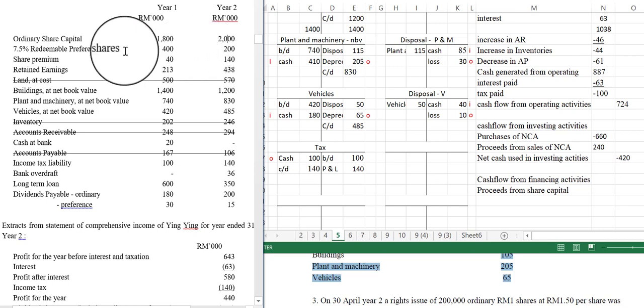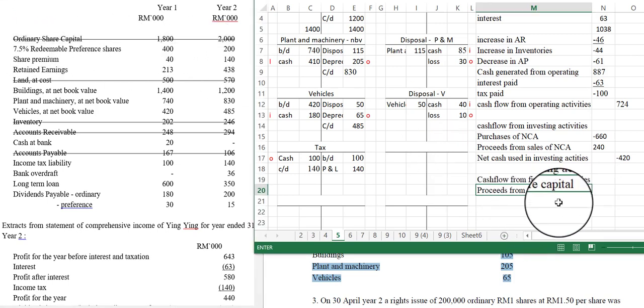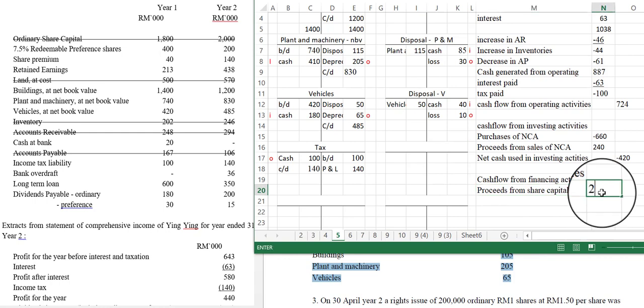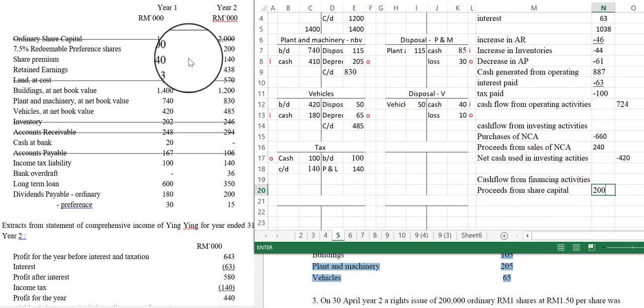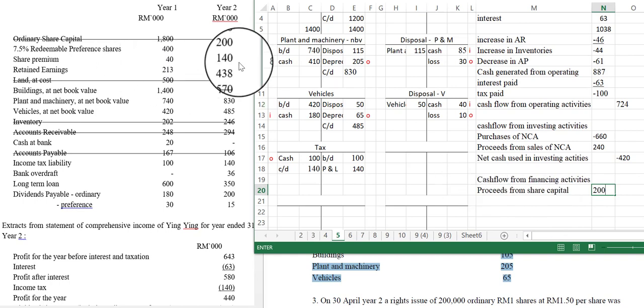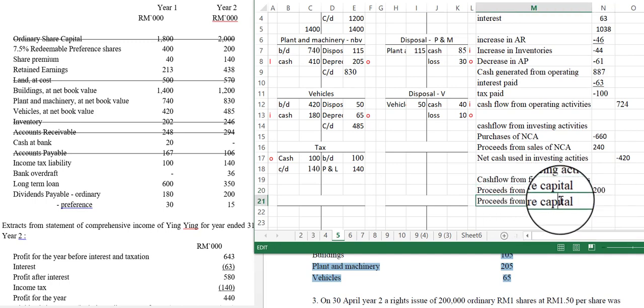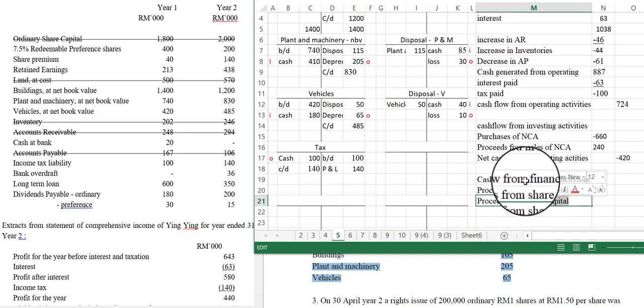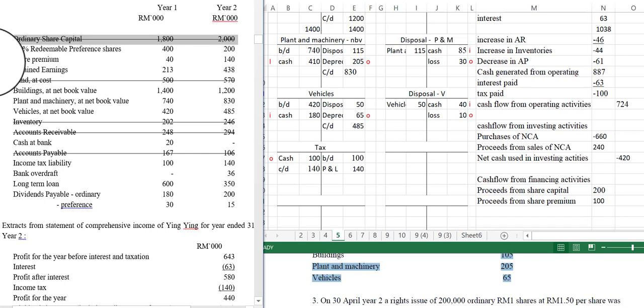So we'll put them into two different accounts. Proceeds from sale of share capital is actually 200, and then you have a premium from 40 to 140. So you have proceeds from share premium, 100.